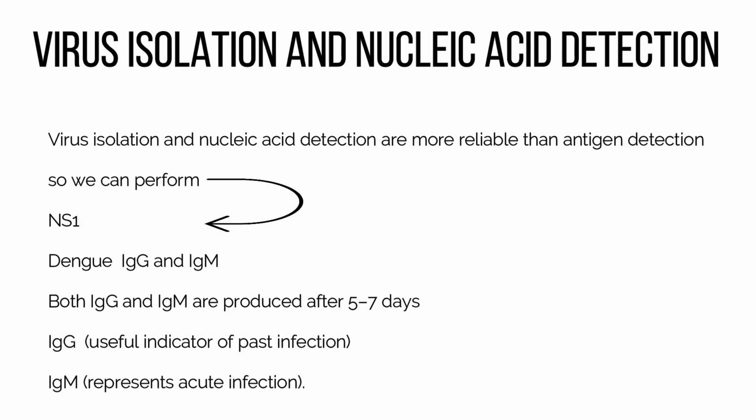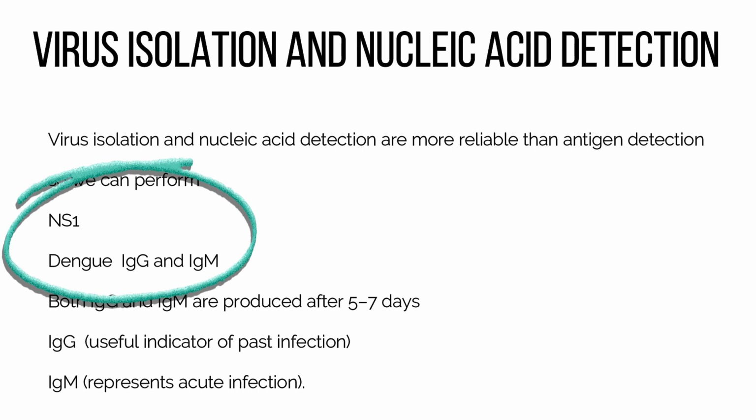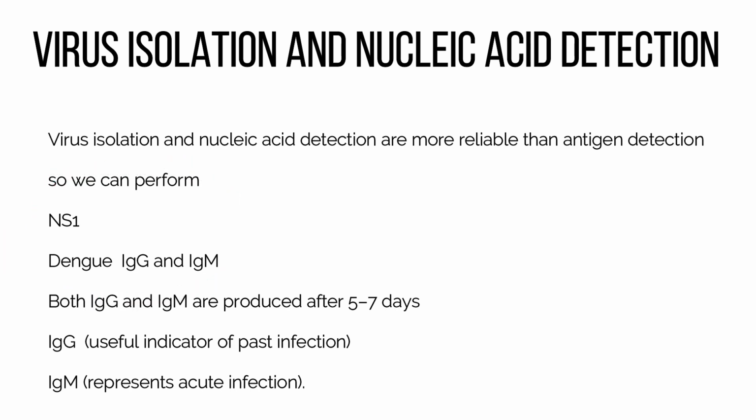However, we can perform some easily available tests which include NS1, dengue IgG, and IgM. Both IgG and IgM are produced after 5 to 7 days. IgG is a useful indicator of past infection, while IgM represents acute infection.